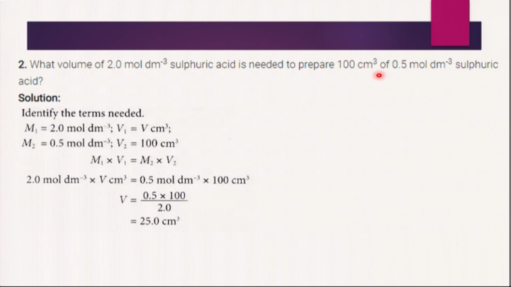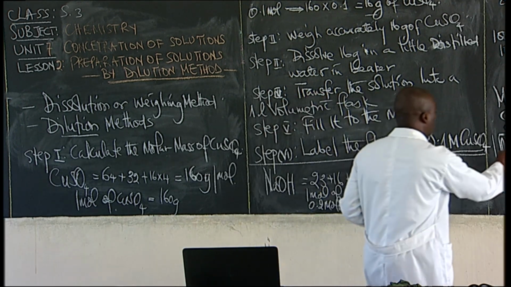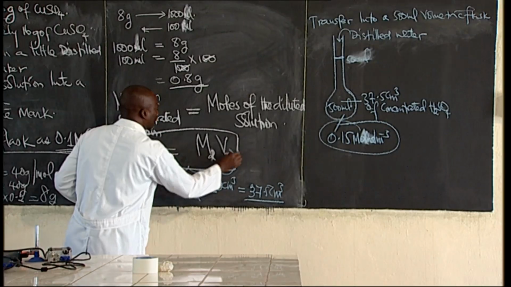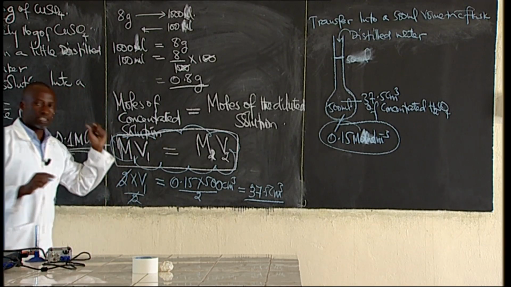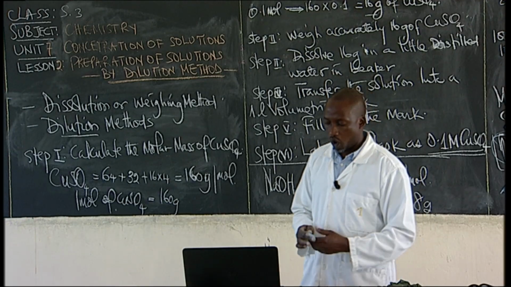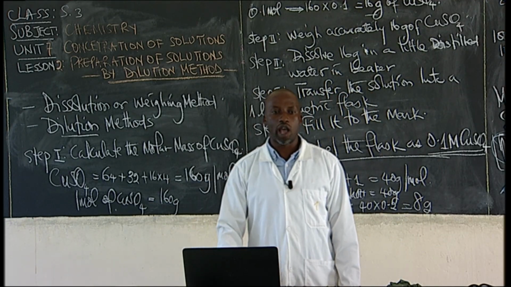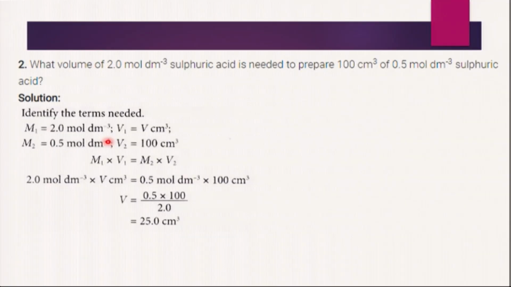So as I said earlier, identify which is M1, M2, V1, V2. The moment you get that, you can identify that the V1 is this and M1. For example here, M1 is 2 molar because that is the concentrated acid.